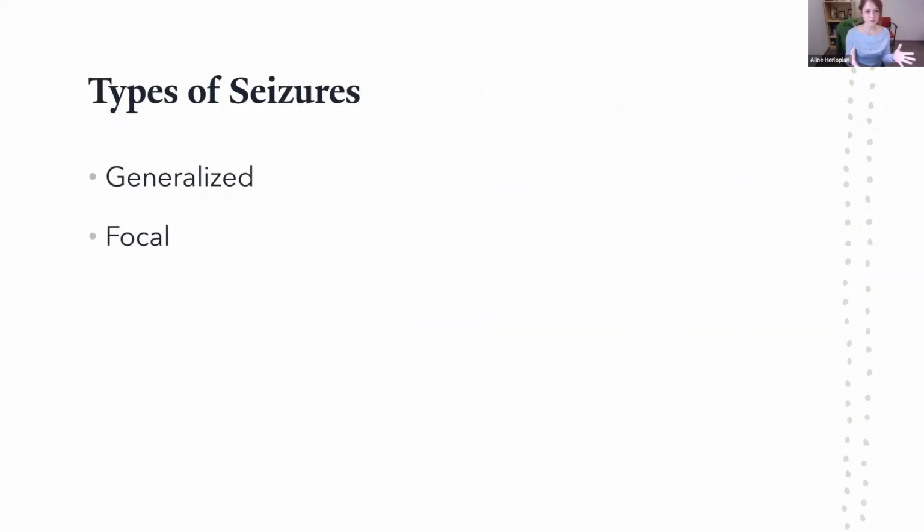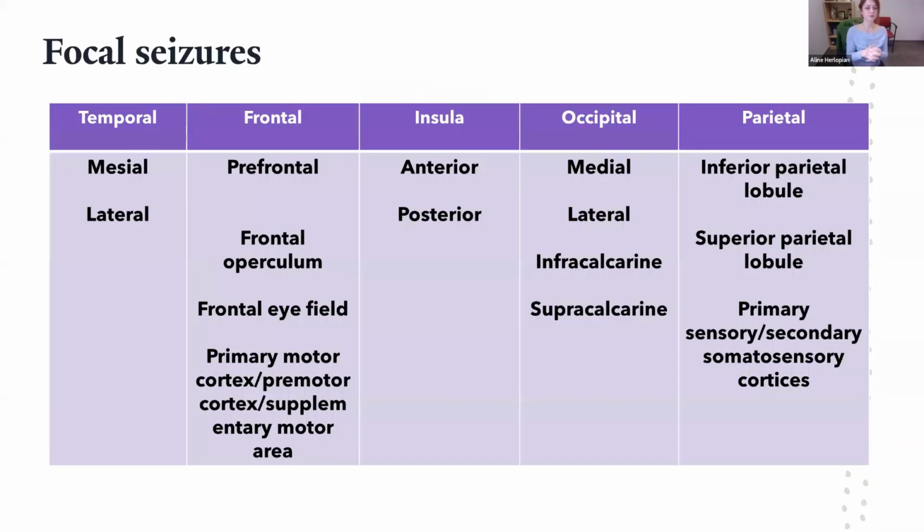So what are the types of seizures? As mentioned, generalized and focal. We're going to address the focal seizures here. Now, I tried to categorize the lobes of the brain into their territories where they can produce different symptoms. As you note here, we have the insula.